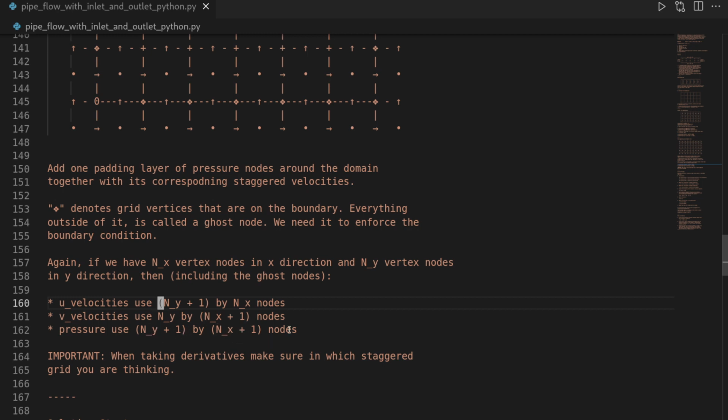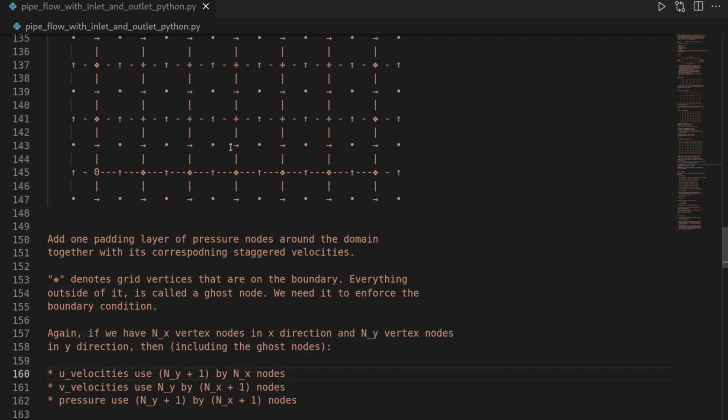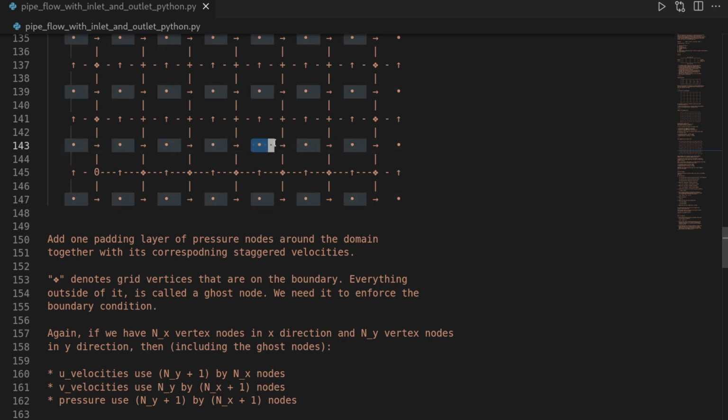And I'm pretty sure if you've never seen this before, this might now seem really mind-bending. And it will probably also take some time in the beginning to get your head around that. But the advantage of this mesh is that if we are now, for instance, assuming we want to compute the pressure gradient for this velocity in x direction, then this would involve the pressure to the left and the pressure to the right.